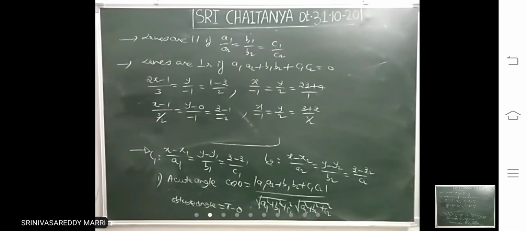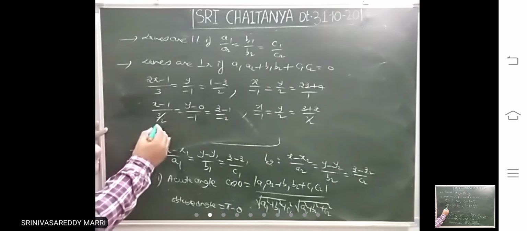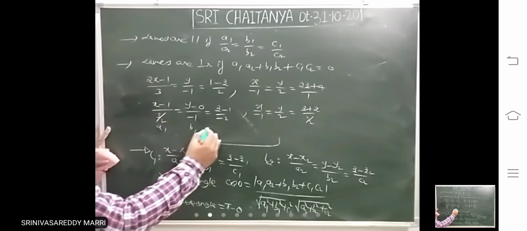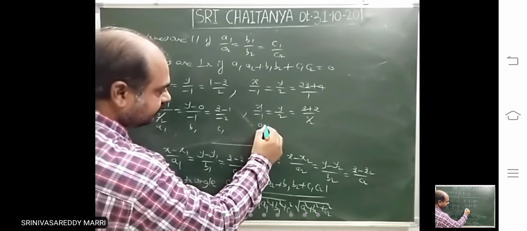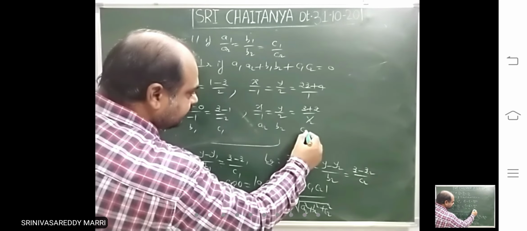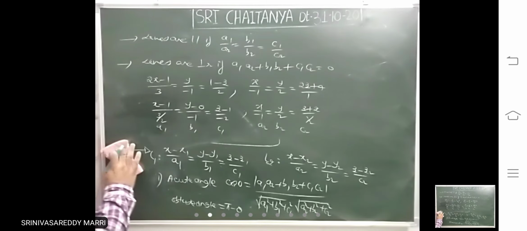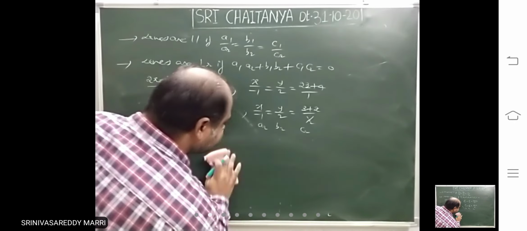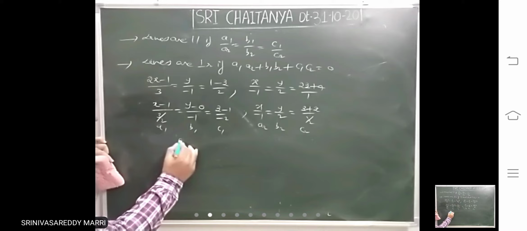Now these are the lines in standard form: a1, b1, c1, a2, b2, c2. Now the DRs of the first line you know, the DRs of the second line you know.